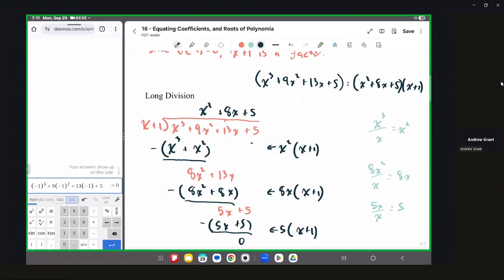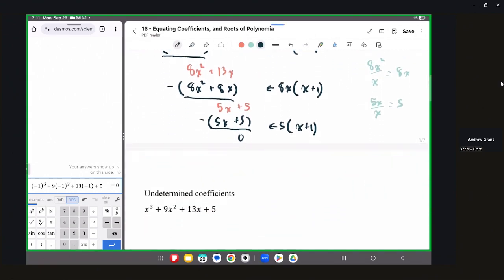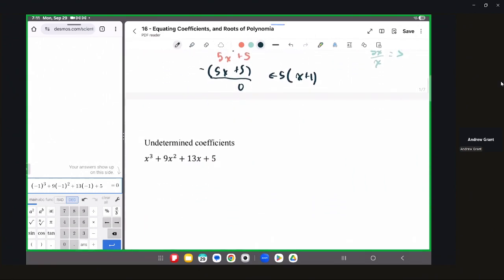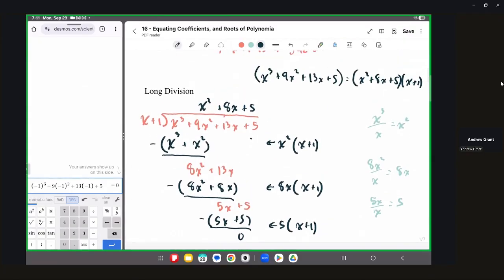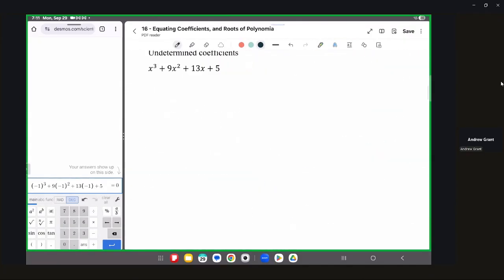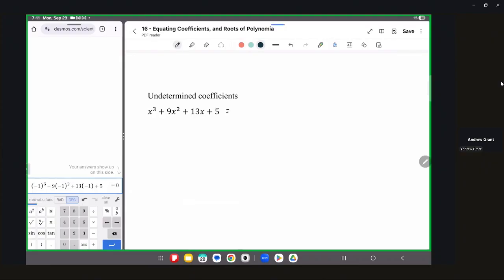Now, you could have also gotten this step using the method of undetermined coefficients. So namely, we knew that x plus 1 happened to be a factor. And so we know that this would be equal to x plus 1 times some ax squared plus bx plus c.